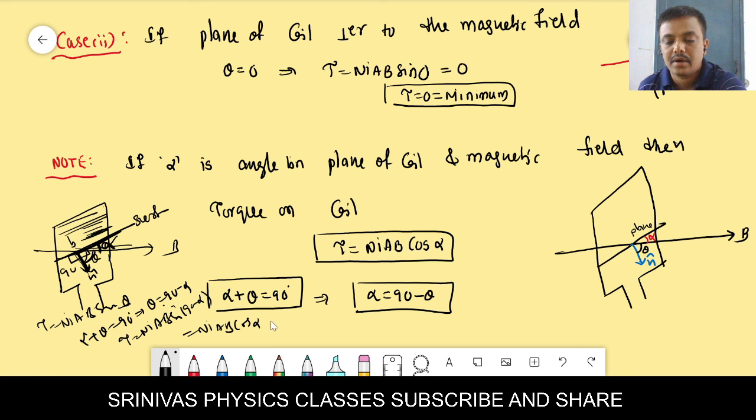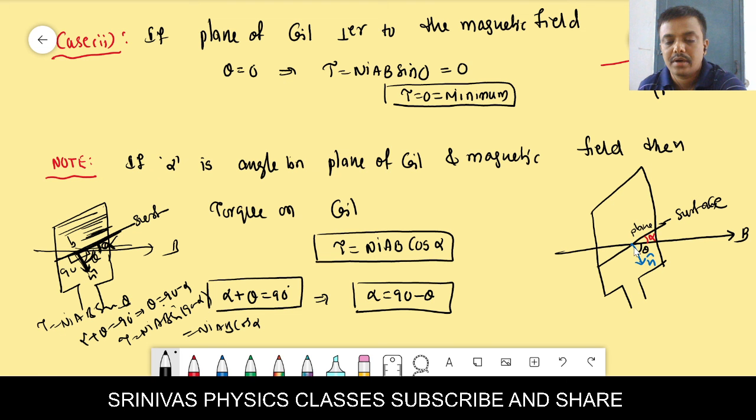That means if they give the angle between the plane, the surface, and the field as alpha, then in terms of that we get NIAB cos alpha.